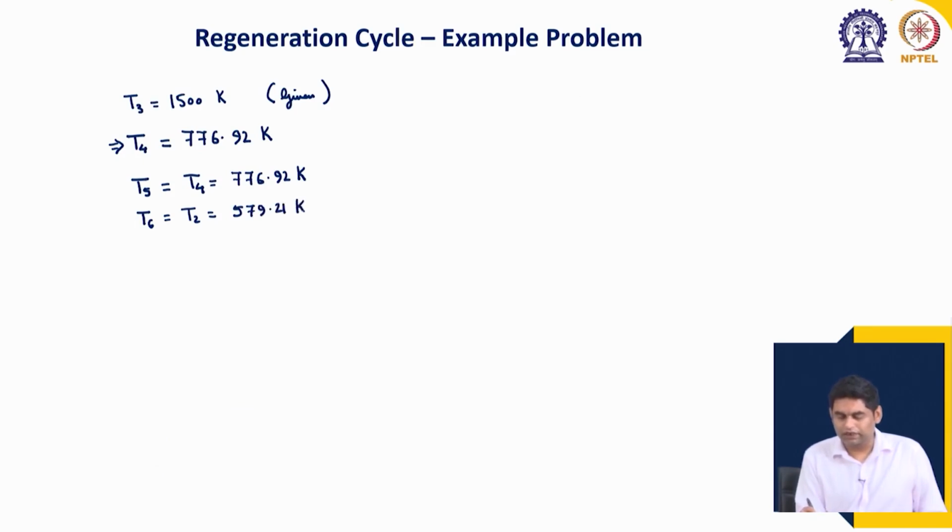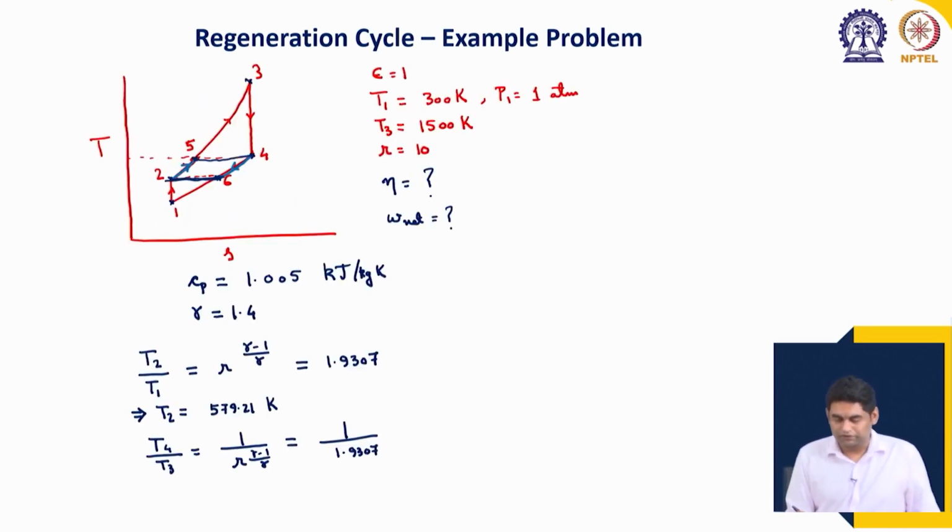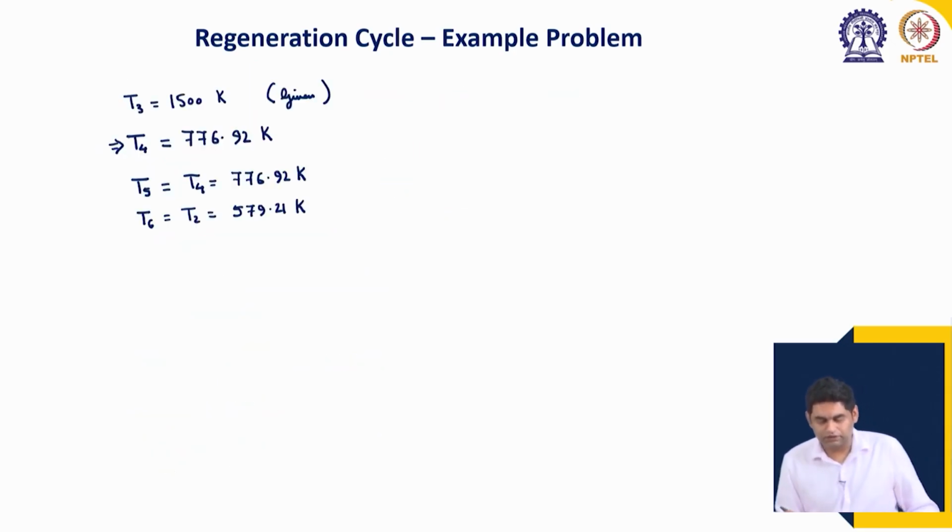Again, I will remind all of you to do all the calculations in Kelvin, particularly when you are doing these ideal gas calculations, otherwise you will get an incorrect solution. So, all temperature values are now known: T5, T4, T6, T2, T1 and T3.